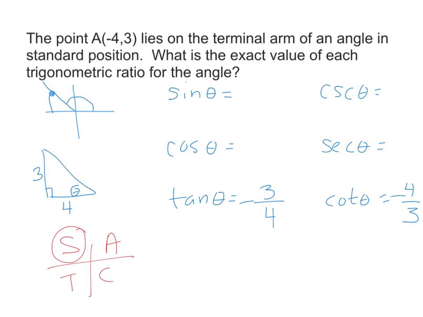Sine is opposite over hypotenuse, and I don't know the hypotenuse. To find the hypotenuse, which we'll call C, C squared equals 3 squared plus 4 squared. So 9 plus 16, which is 25, and then the square root of that. So C is equal to 5.